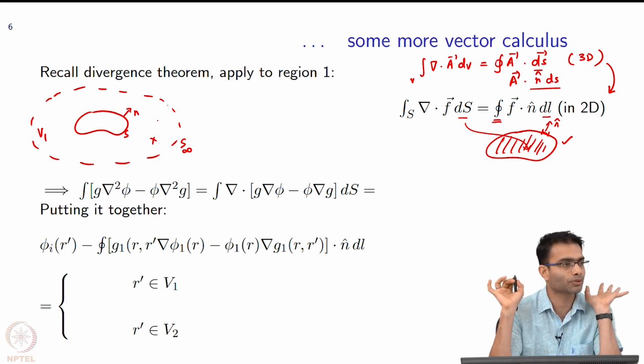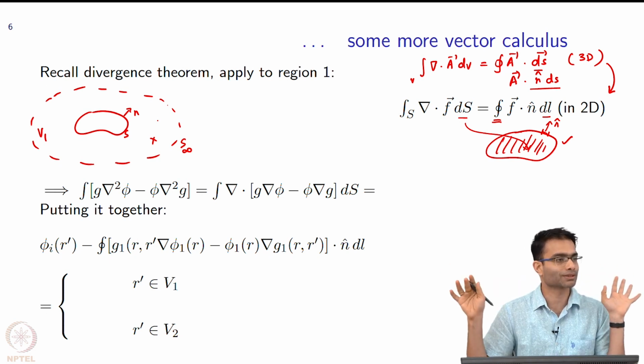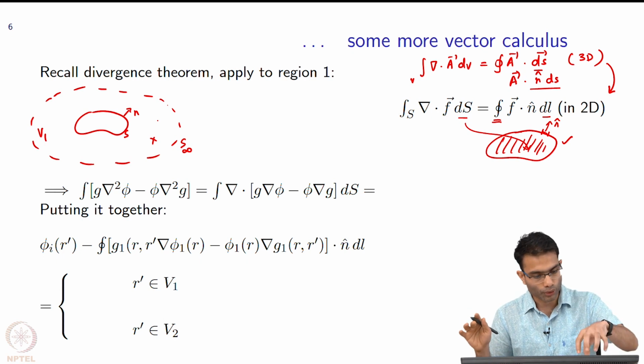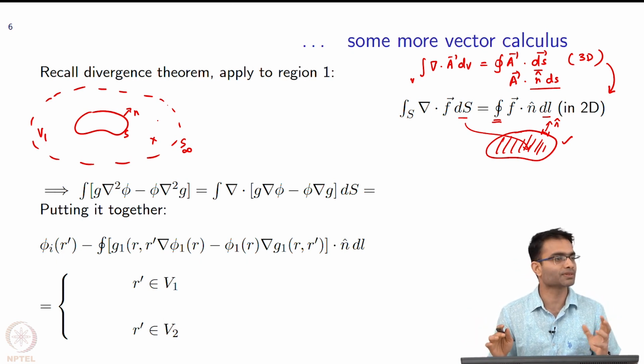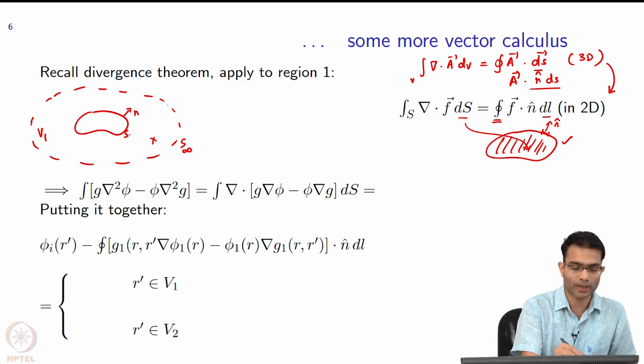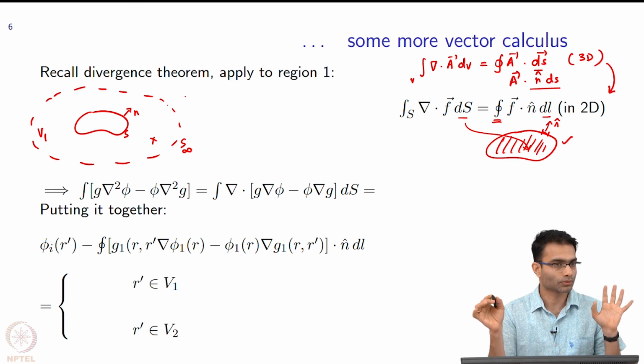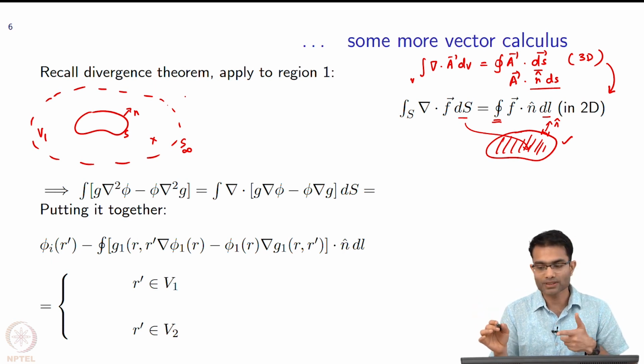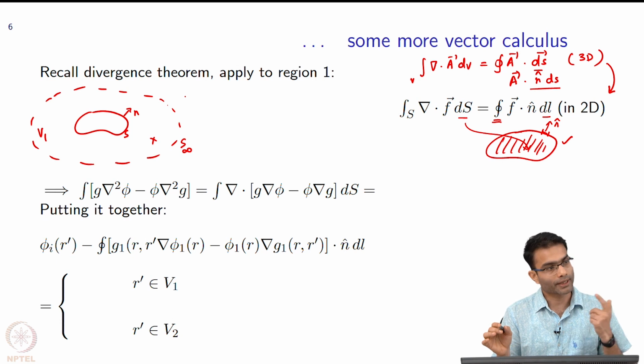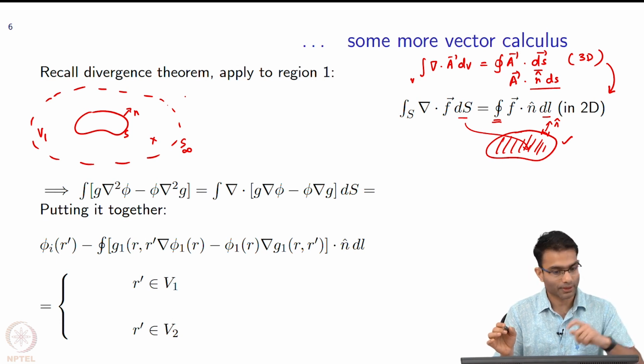That is the conceptual meaning of the divergence theorem: divergence of sources inside is equal to outgoing flux. Now, this volume 1 is bounded by how many surfaces? Two surfaces. Flux could be leaking through S outwards or through S infinity outwards. So, when I write down this divergence theorem, I have to write down the flux through both surfaces.